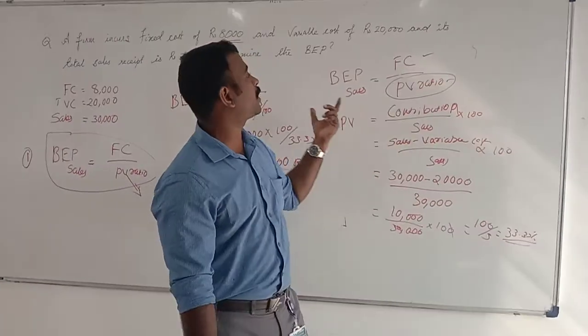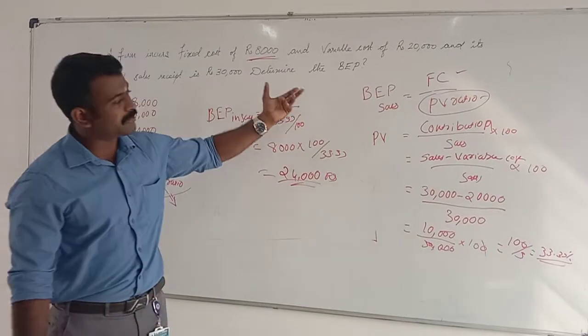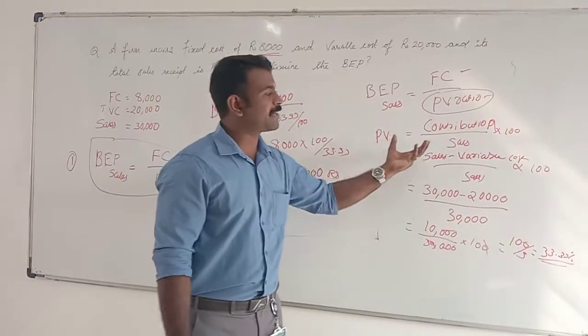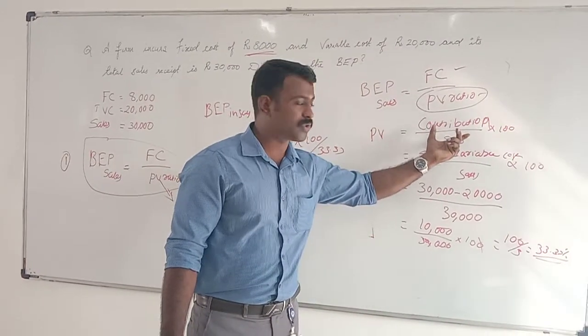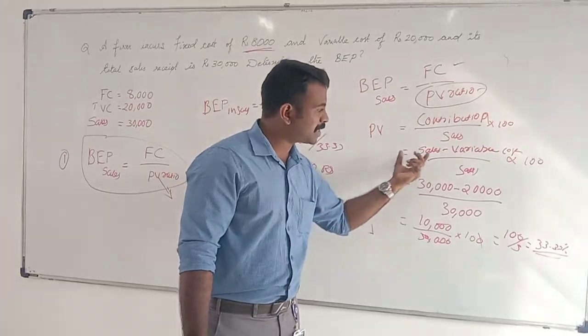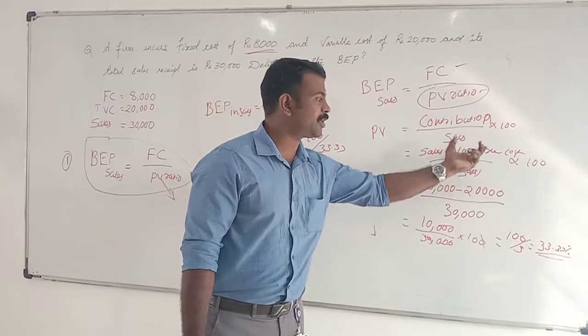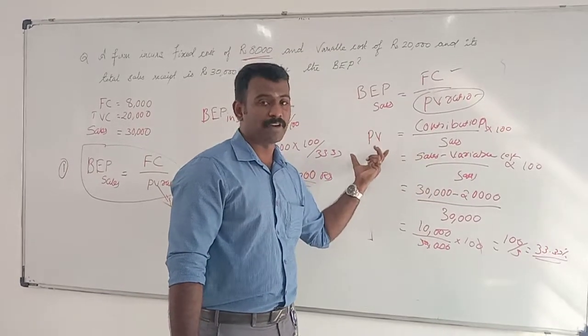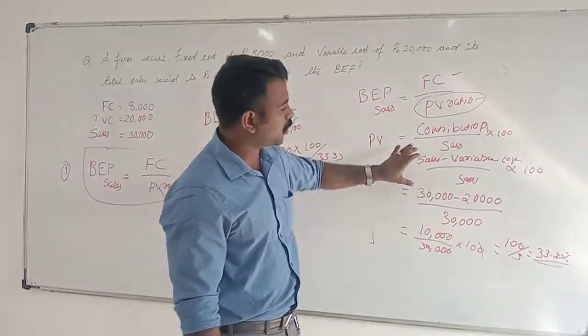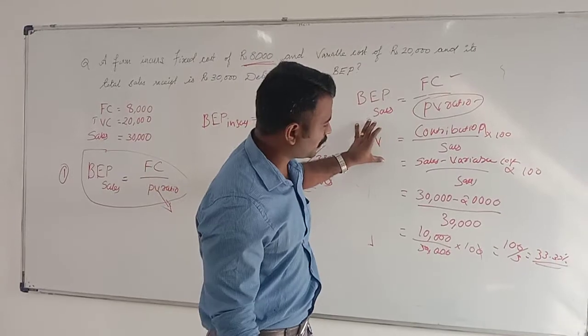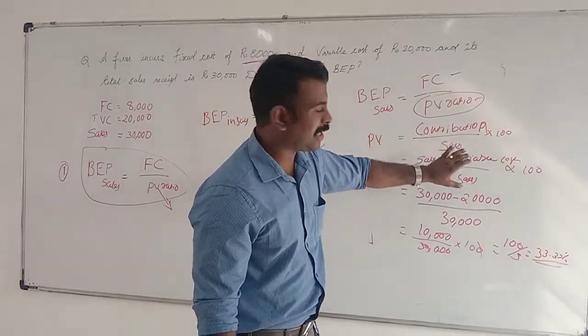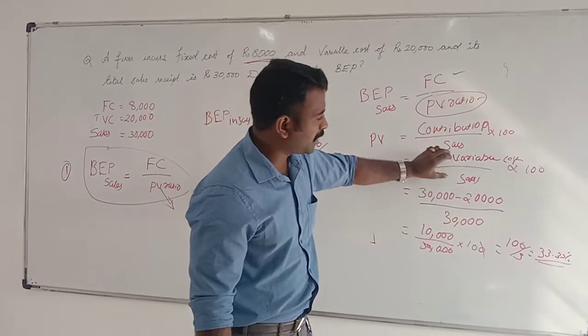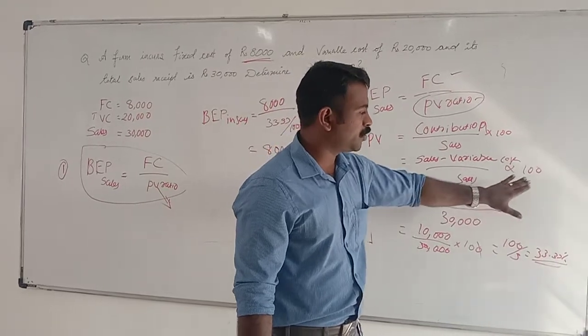Suppose we get the selling price per unit and variable cost per unit, we can find out the contribution per unit also. Then contribution per unit is selling price per unit minus variable cost per unit, divided by selling price per unit, when we find out the PV ratio. Here the total is given, so we find out the PV ratio using the total amount, that is sales minus variable cost divided by sales into 100.